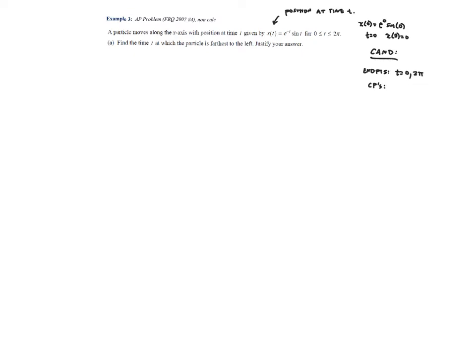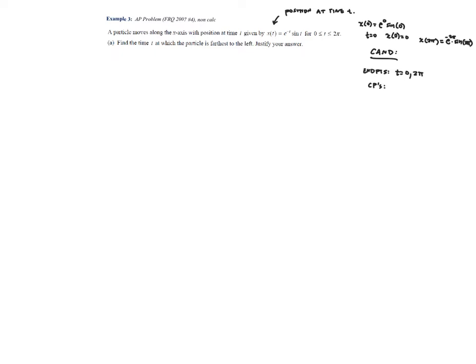Okay, at time t equals 2 pi, we're going to do the same thing. So e to the negative 2 pi, sine of 2 pi. Now, it's kind of a weird situation.